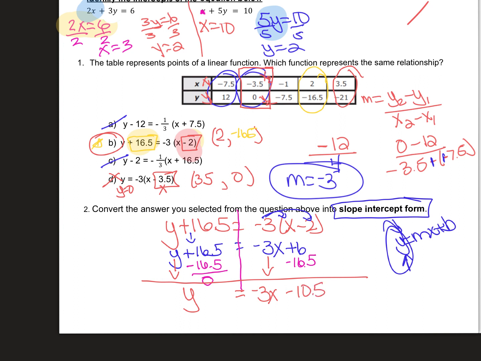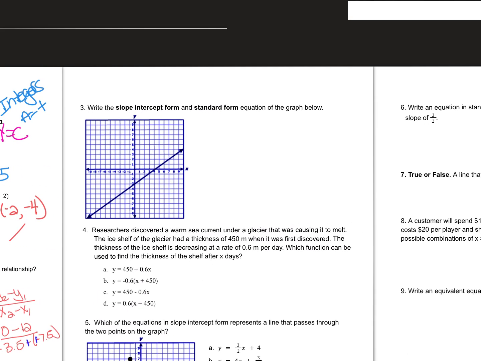So now when I look at this, check your format. Am I in slope-intercept form? Do I have y equals mx plus b? I do. I have a slope of -3 and a y-intercept of -10.5. Let's look at the next one.